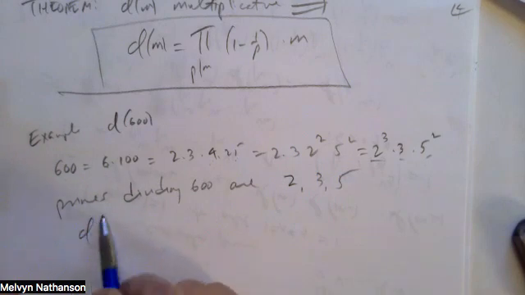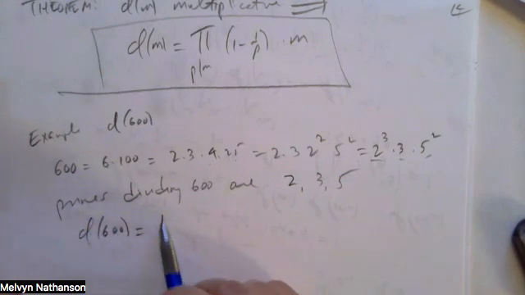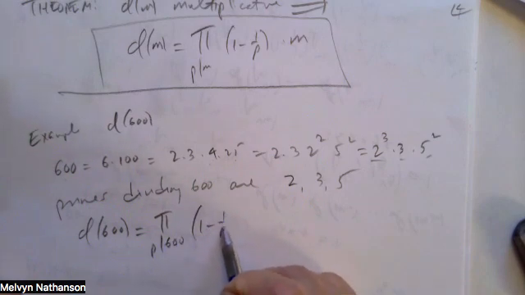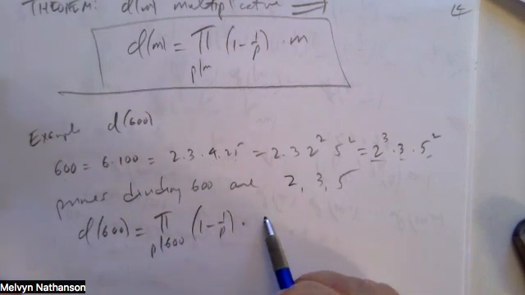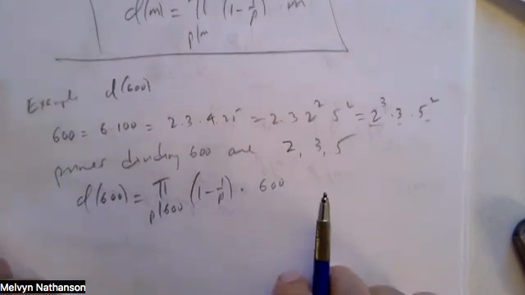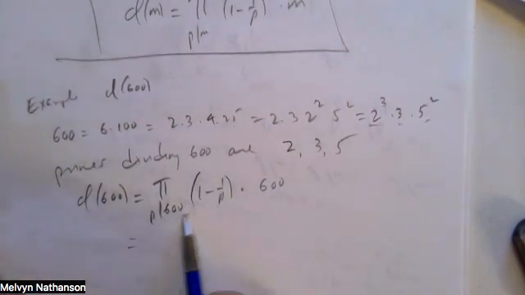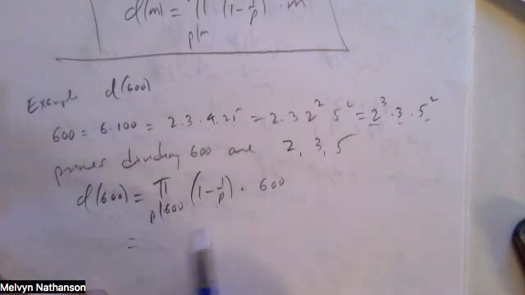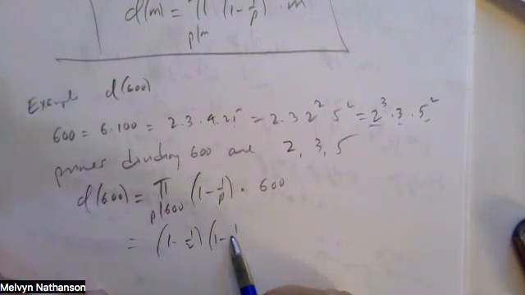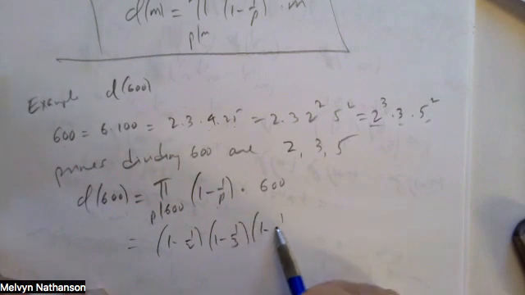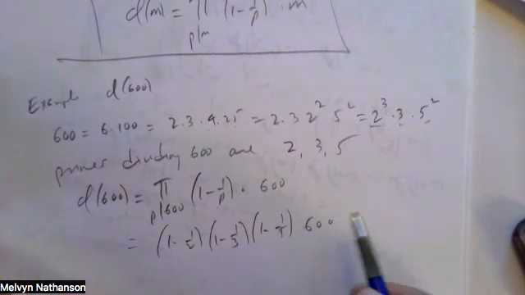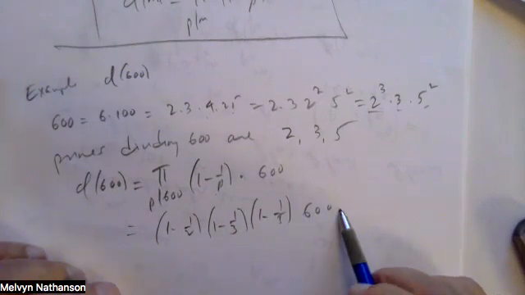So phi of 600 is the product over the primes dividing 600 of 1 minus 1 over p, times 600. What are the primes dividing 600? 2, 3, and 5. So we get 1 minus a half, 1 minus a third, 1 minus a fifth, times 600.